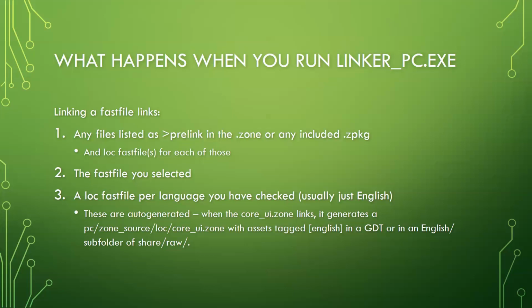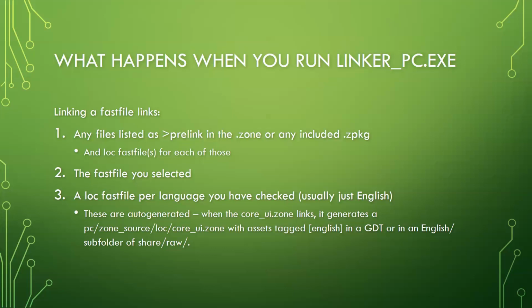By tagging something as English, we make sure that asset loads in the per-language fast files. So we end up with no localized assets in core frontend.ff. They all end up in en core frontend, which, when we're building our game with 12 different languages, lets us do that very quickly, instead of linking 12 different versions of the big fast files.